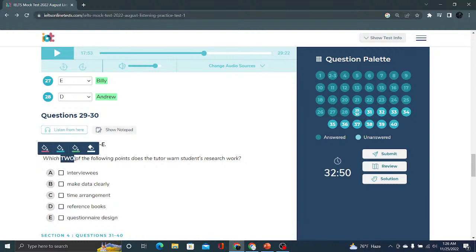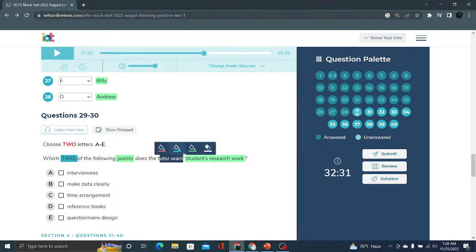Two points, student research works. Interviews, make data clearly, time arrangement, reference books, questionnaire design. Let's listen to it.